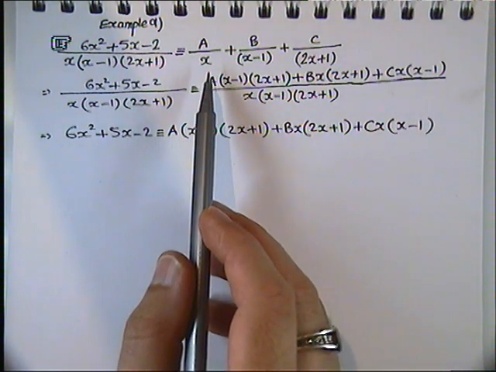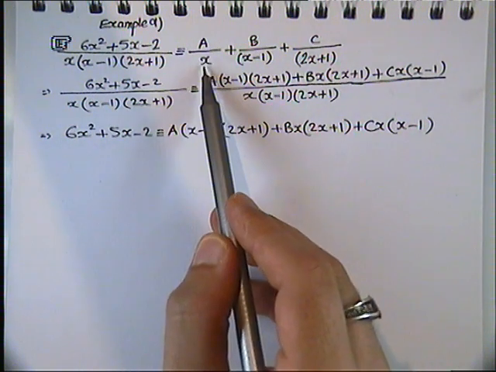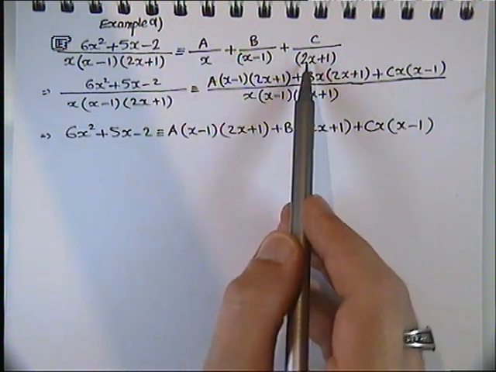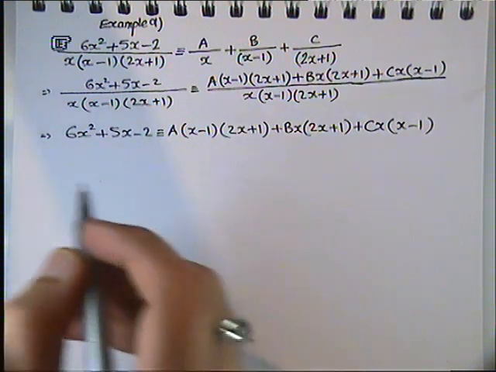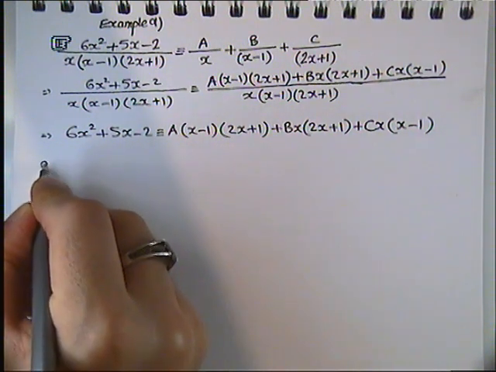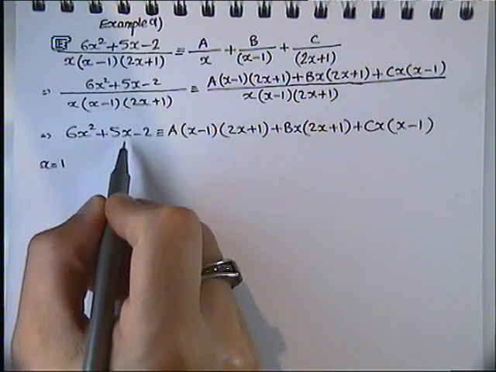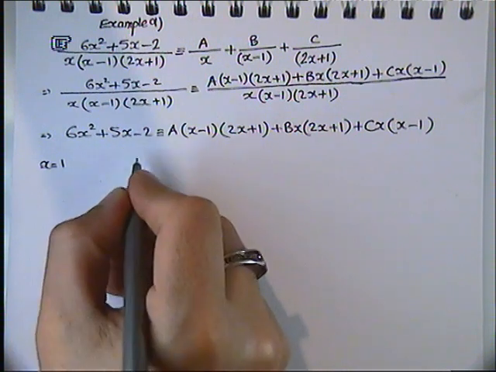So for the easiest number which we can substitute first, there are three factors, in fact we've got three roots as a result: x equal to 0, x equal to 1, and x equal to minus half. I would substitute x equal to 1 first. X equals 1 will give me 6 plus 5, which is 11, minus 2 is 9.